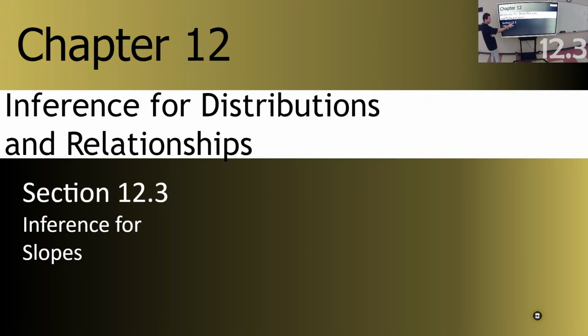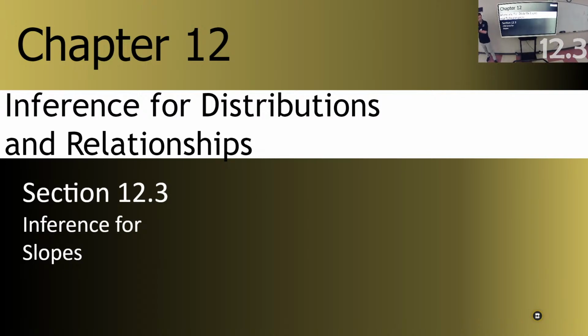So 12.3, inference for slopes. A lot of this is going to go back to chapter 4. Chapter 4 was bivariate data. That was the linear regression stuff, where you had a slope, a y-intercept, y hat, r squared, the standard deviation of the residuals, and residuals.